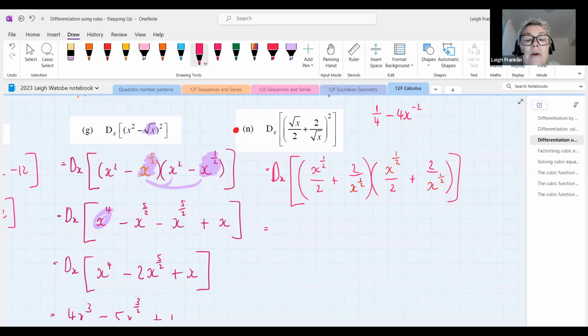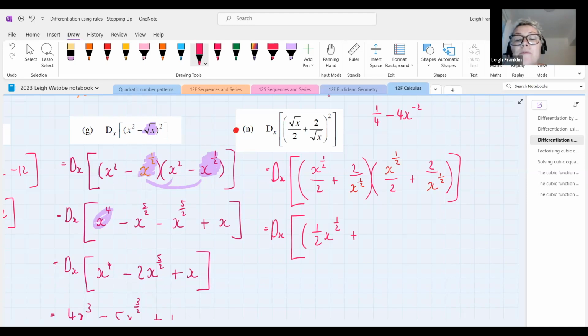Okay, so just to run through that quickly, because Nhlanhla just did it slightly differently to the way that I did it. What I would have done here is, as I said, I would have got rid of my roots. I would have also written each term: x to the power of a half over 2 is 1 over 2x to the power of a half.